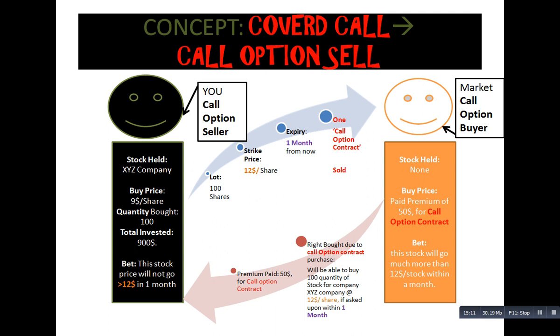Doesn't matter to us. But the idea is this person has very little amount to invest, and they believe that within 1 month the same stock price is going to go way beyond $12.